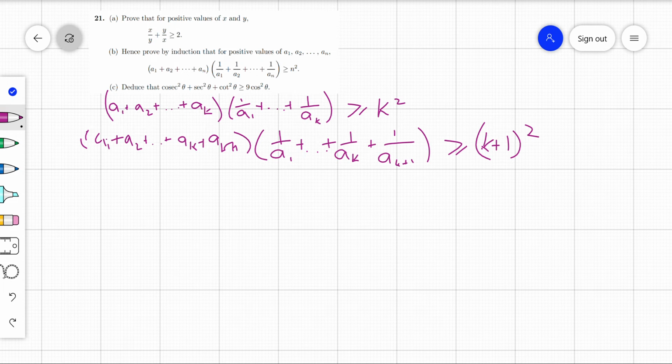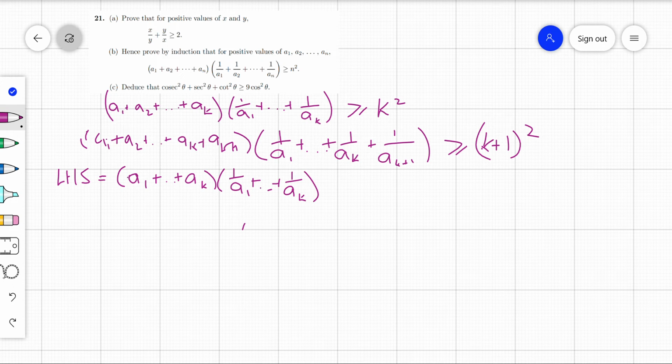Alright, so if we take this left-hand side, and because we know we want to use the k, let's use the P of k. So if we go from a1 up to ak, sorry, I'm just writing the first two terms because my pen's not going to work very well. And again, all the way up to the 1 on that.